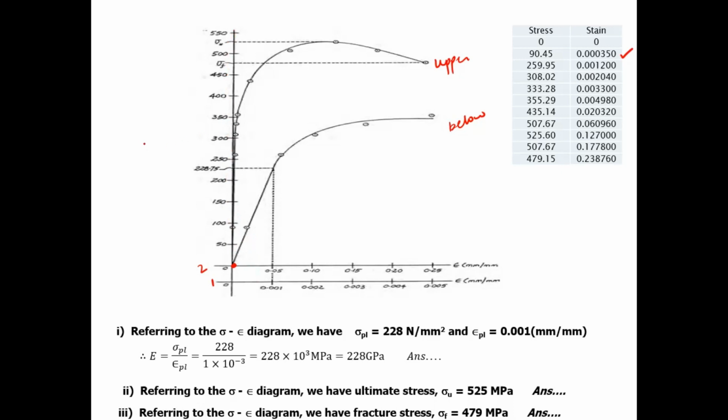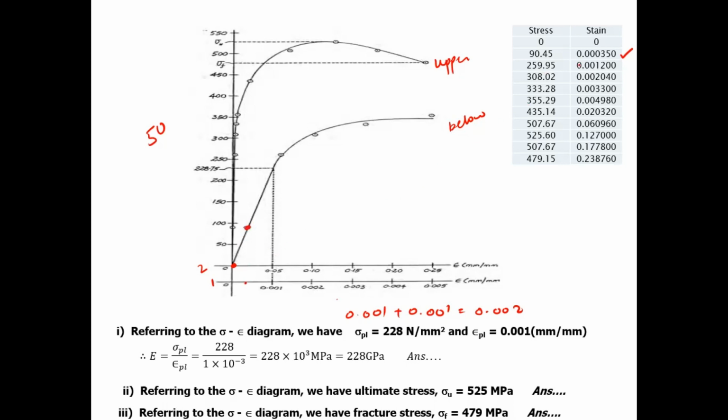The interval on the below line is 0.001, then plus 0.001, it will be 0.002. Now 0.00035 is less than 0.001, so ideally it lies somewhere here. So the value of the first point is 90.45, and we will mark it here.